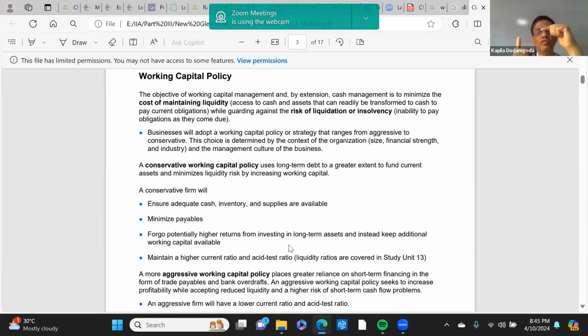As a result, your current ratio and quick ratio are going to increase. So you will be maintaining a high current ratio and high acid test ratio, because your short-term borrowing is relatively lesser and you're not going to be investing in a lot of long-term things. Any questions about this? Is that clear?